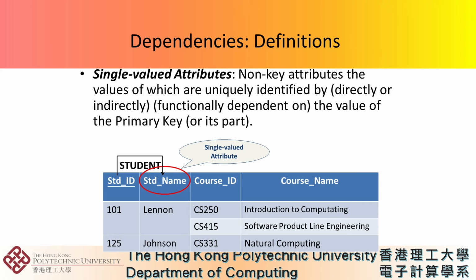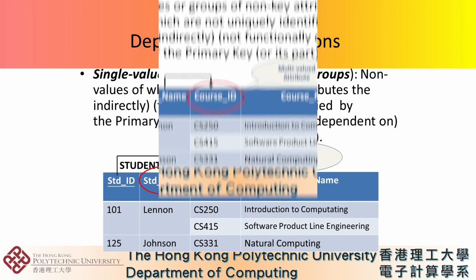Single-valued attributes mean non-key attributes the values of which are uniquely identified by the value of the primary key. In this example, student name is a single-valued attribute because each student has only one student ID.